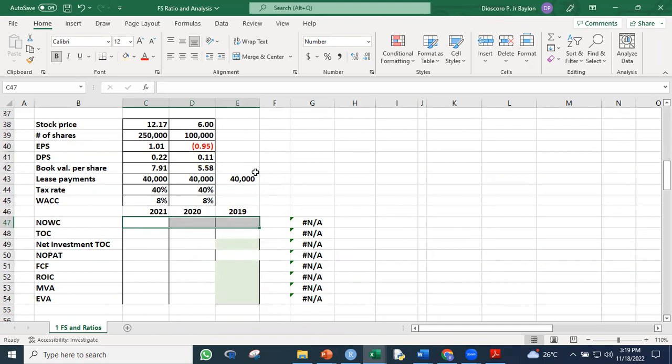So I'm going to pause row by row. For example, here, please compute for the net operating working capital for 2021, 2020, and 2019. And then please write it here in the chat box. So what are these? NOWC for 2021, for 2020, and 2019. Kindly chat in the chat box.